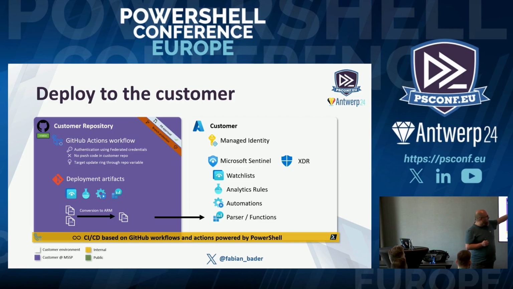And then we have the actual work done using GitHub Action workflows within GitHub. And this gives us one big opportunity, and this is secret management. I don't know if you have been in the different sessions on secret management already today. I think Ben has one later on, I think one after me. And with this authentication using so-called federated credentials, we don't need any secrets that we manage.